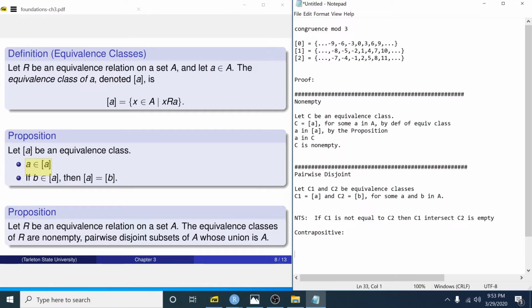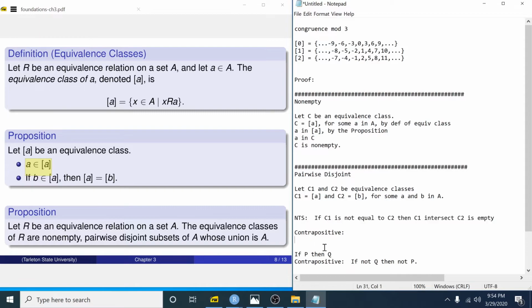If I have a statement, if P, then Q, the contrapositive is if not Q, then not P, right? What happens when you take a contrapositive is you change the order of the statements and you apply a negation to both of them. And it turns out what you showed in chapter 1 is that the contrapositive of the statement is equivalent to the original statement.